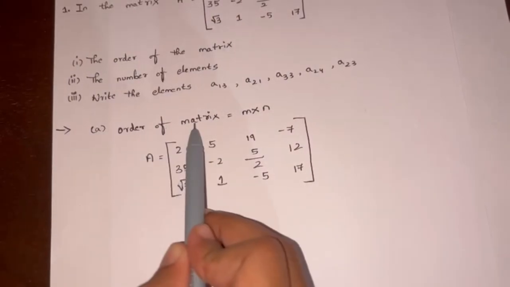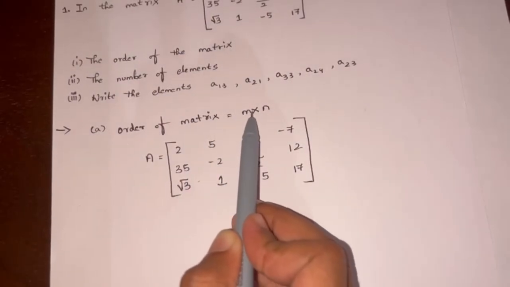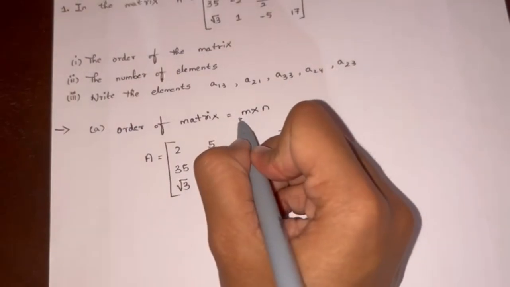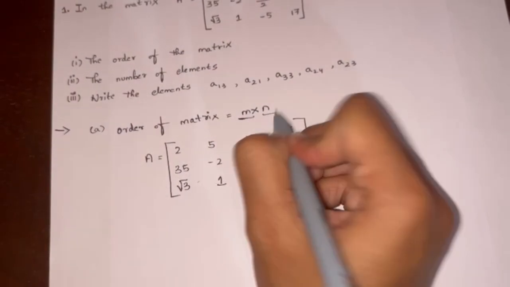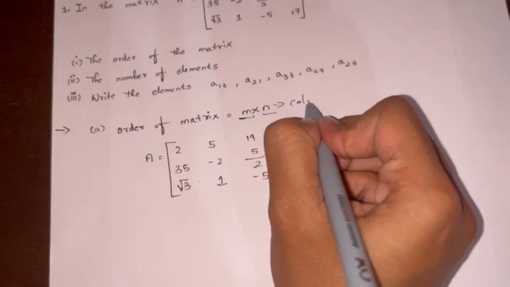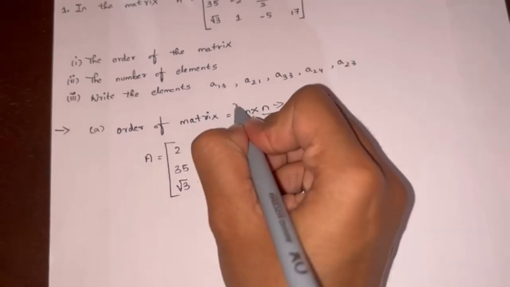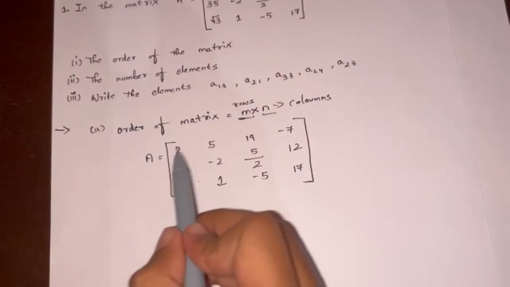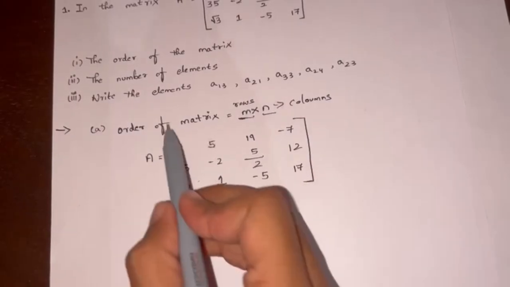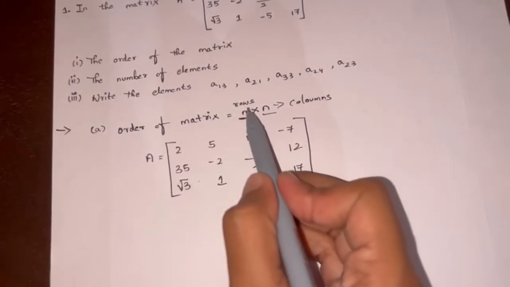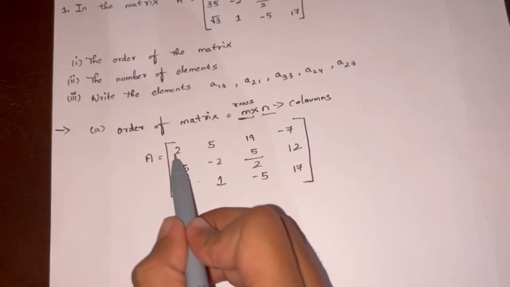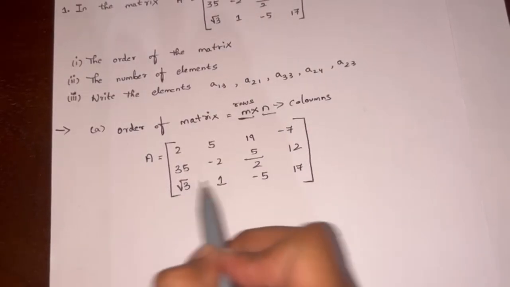We know the order of matrix is always denoted in the form of M by N. M always represents number of rows and N always represents number of columns. So let us see how many rows and columns are present in this A matrix. Let us know how many rows are present. We can see there is first row, second row, third row.